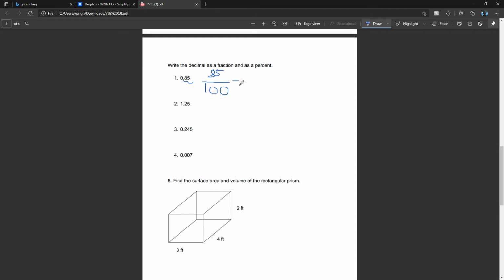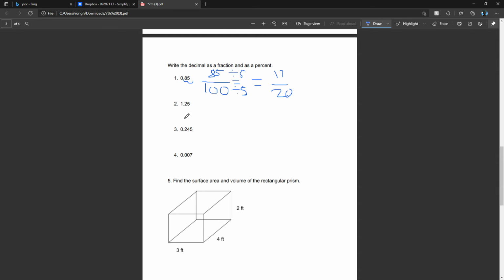And then you can just simplify it, so you can divide the top and bottom by 5, because this is divisible by 5 and this is divisible by 5 too. So then you just divide it by 5, and you should get, I think, 17 over 20. That should be the answer.